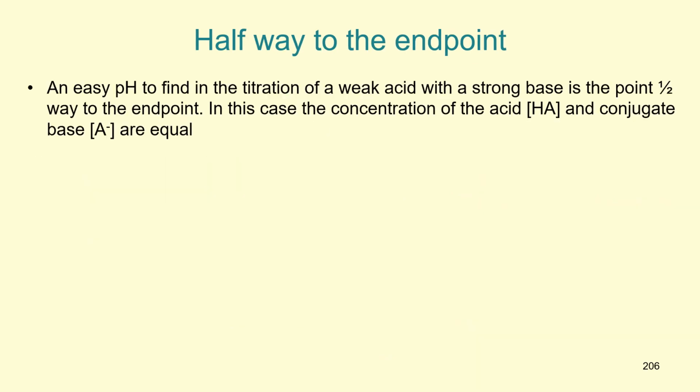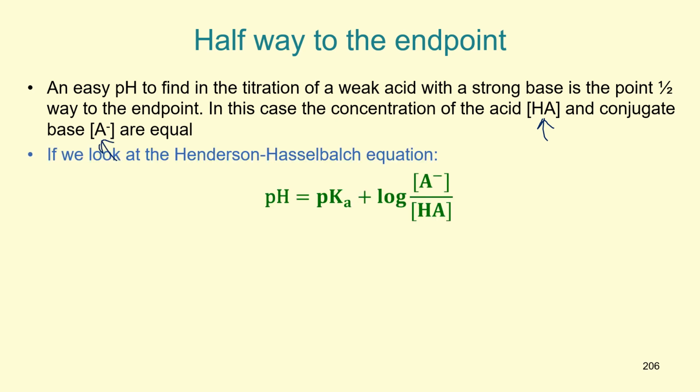It's easy to find the pH of a titration of a weak acid with a strong base at the halfway point to the endpoint, because, as I mentioned earlier, at the halfway point, half of the acid has been titrated to base, and so the two concentrations are equal. And remember, according to the Henderson-Hasselbalch equation, if these are equal to each other, that ratio is 1. The log of 1 is 0, so pH equals pKa.